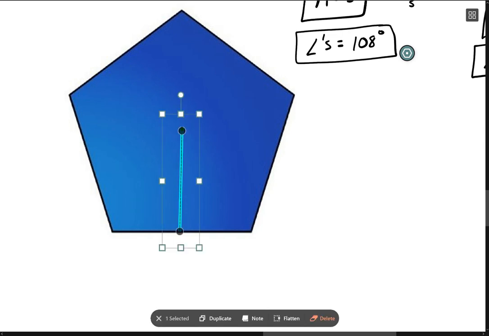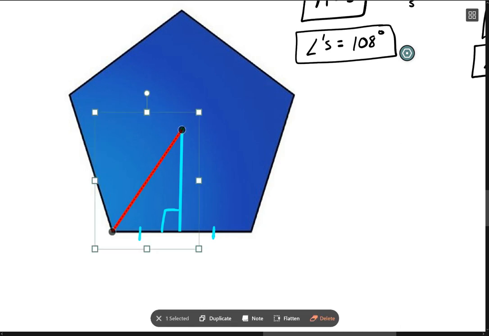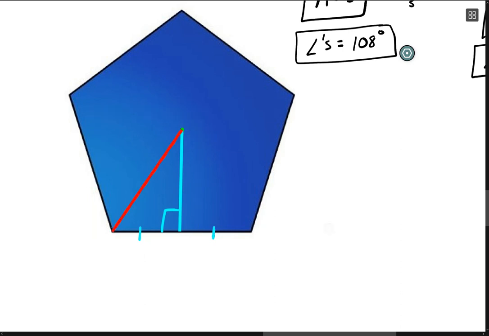And make what kind of angle? And since it's going to make a right angle, and since it goes to the midpoint, it cuts this in half, does it not? Well, how about the radius? Then when I draw the radius, it's going to go to the vertex. And what's it going to do to that angle? It's going to cut it in half. The vertex angles are 108 degrees. So what does it make this angle?